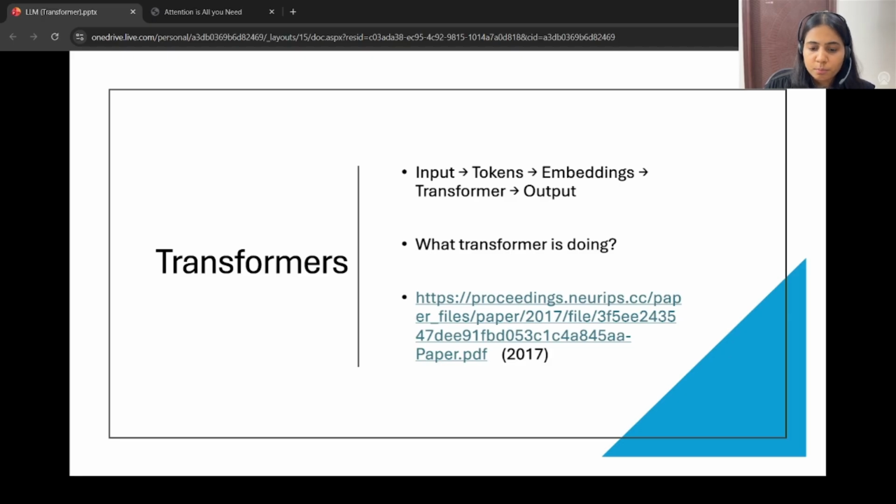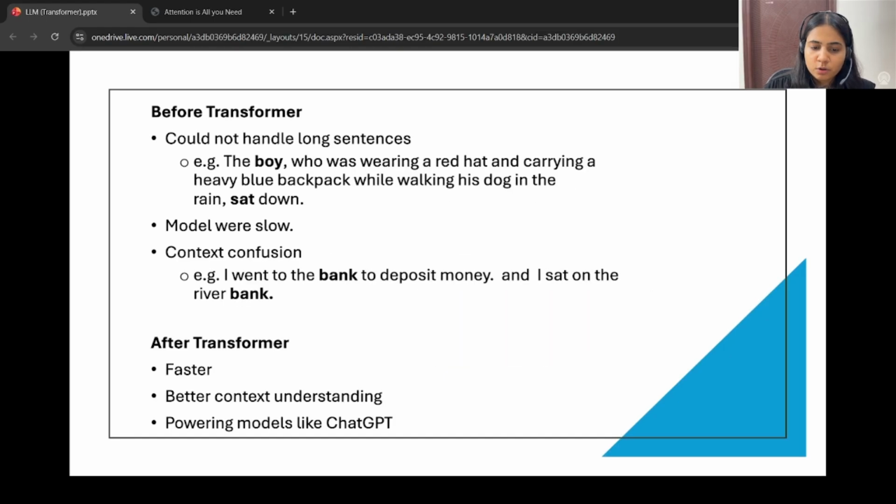Before moving into the transformer, let's see how things were working before it. Before transformers, models were not able to handle long sentences. For example, take the sentence: the boy who was wearing a red hat and carrying a heavy blue backpack while walking his dog in the rain sat down.